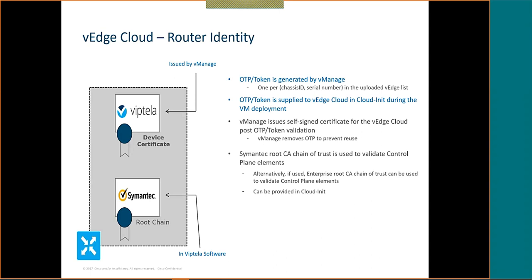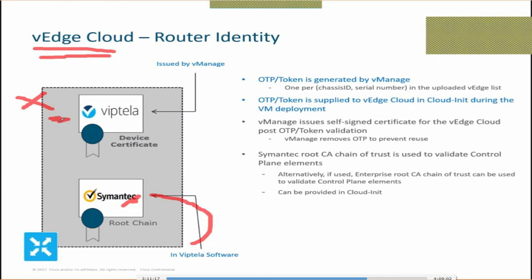So that is ignored. What we are trying to do in vManage, by uploading the vEdge list file, vManage generates the dynamically generated chassis ID and then an associated token. That means we will use the vManage-generated chassis ID and associated token on the vEdges to obtain a certificate from vManage.